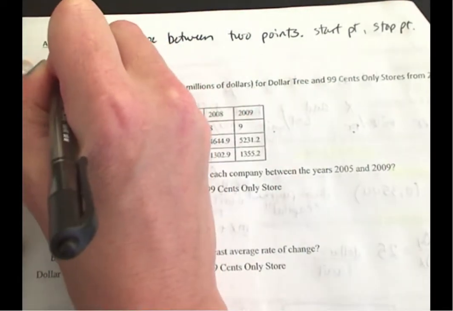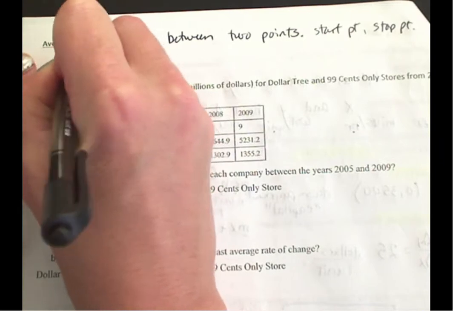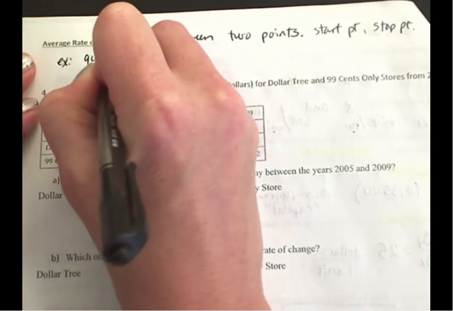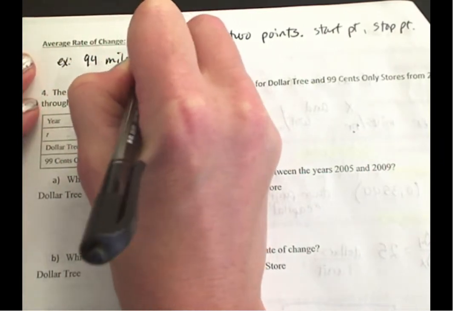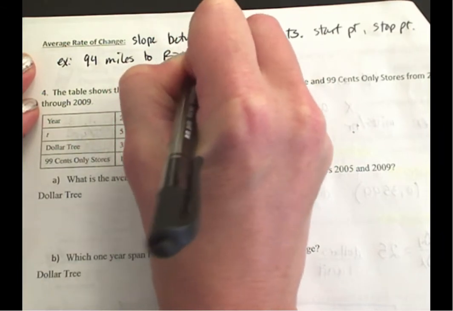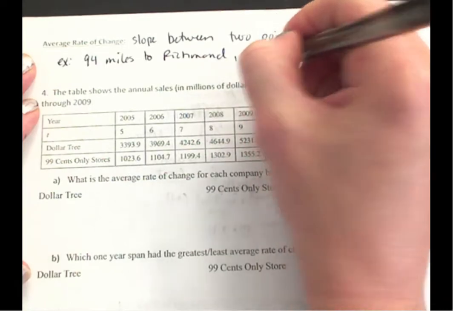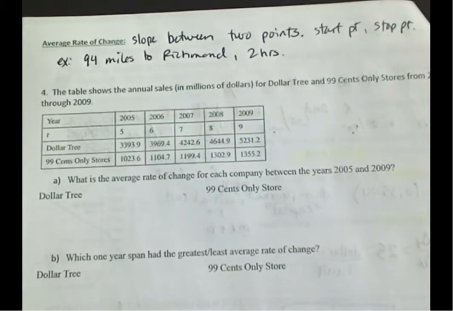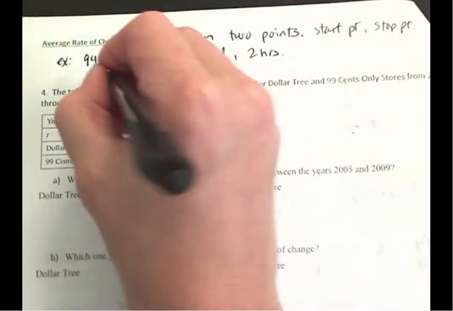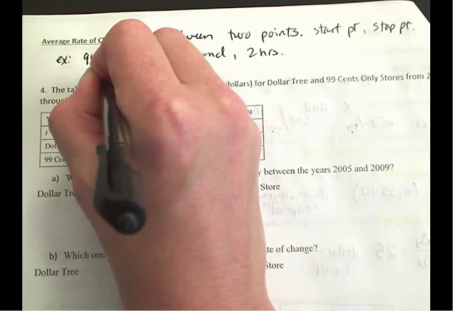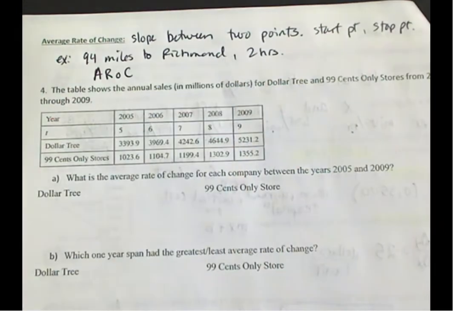Okay, a good one. 94 miles to Richmond, approximately. Takes 2 hours, hopefully. I'll do Washington and Philadelphia. What's your average rate of change? Sometimes we abbreviate this AROC, average rate of change.